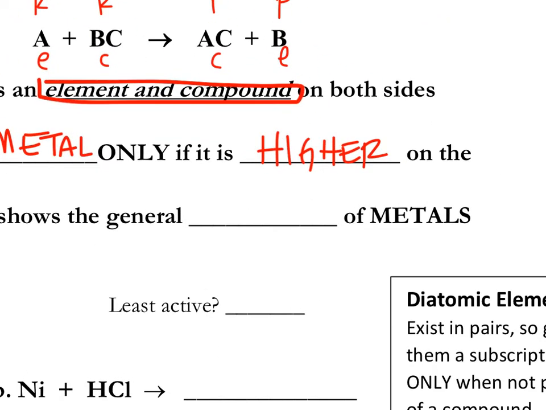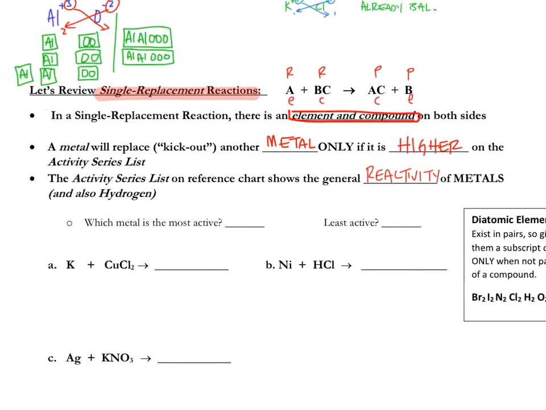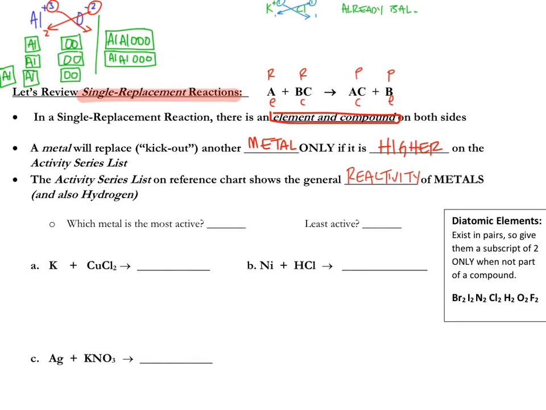So the higher up the metals are, the more reactive they are. Okay, so which metal is the most active? The metal that's the most active would be lithium. Which one is the least active, reactive metal?